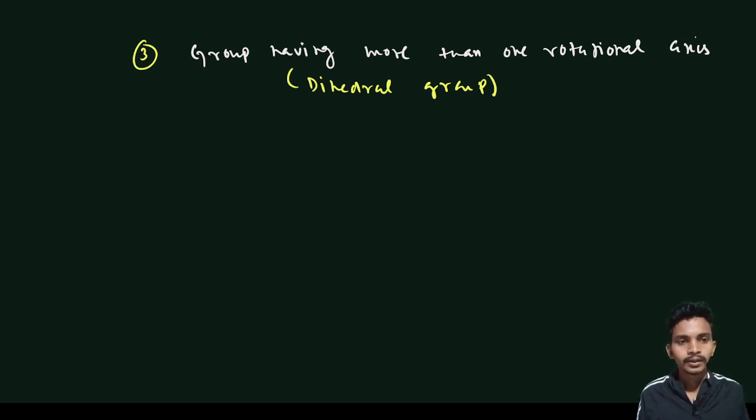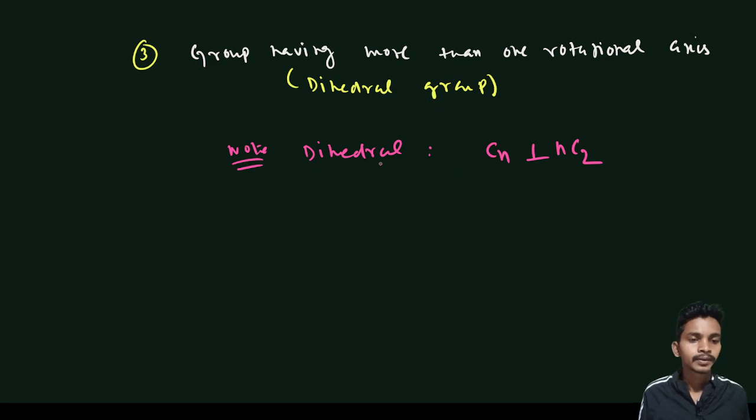And note that whenever you say dihedral, it means that the principal axis Cn is perpendicular to n number of C2 axes. Dihedral means that Cn is perpendicular to n number of C2. This is what we mean by dihedral.